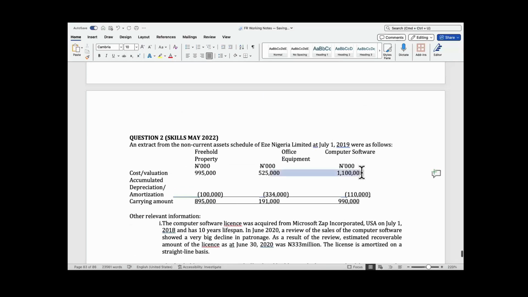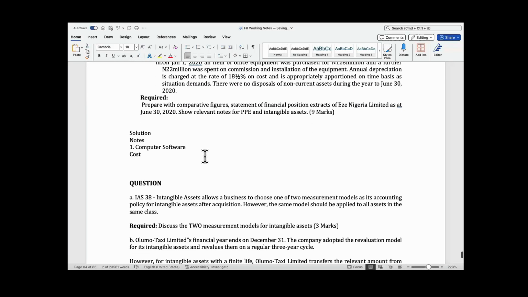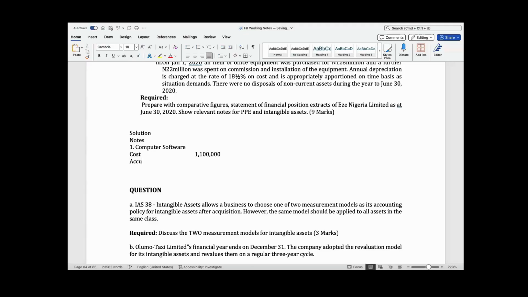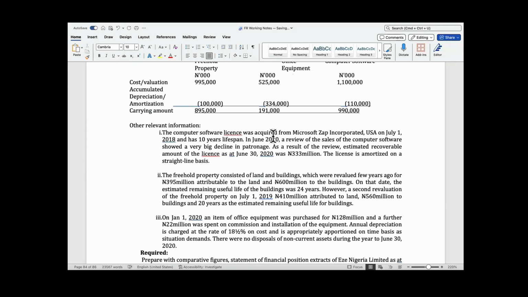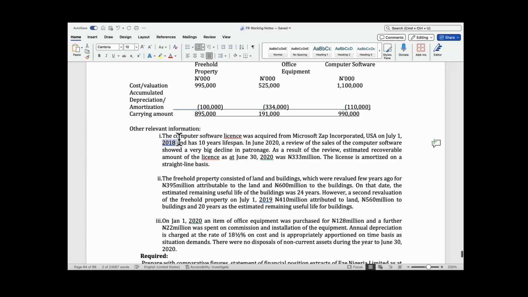The cost is 1.1 million minus accumulated depreciation, which is 1.1 million divided by the useful life, which is 10 years, times, since this is June 2020, and we bought it 2018, and we're in 2020.